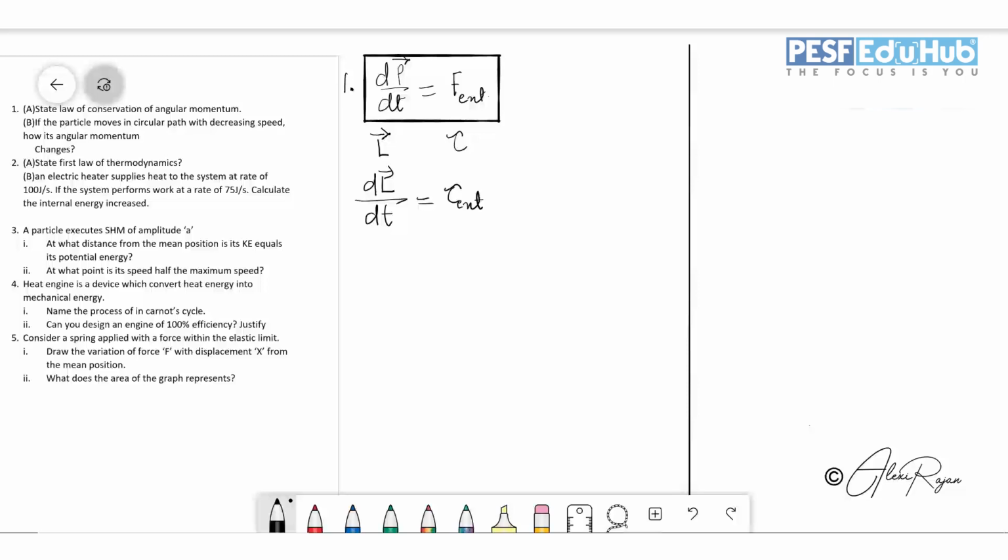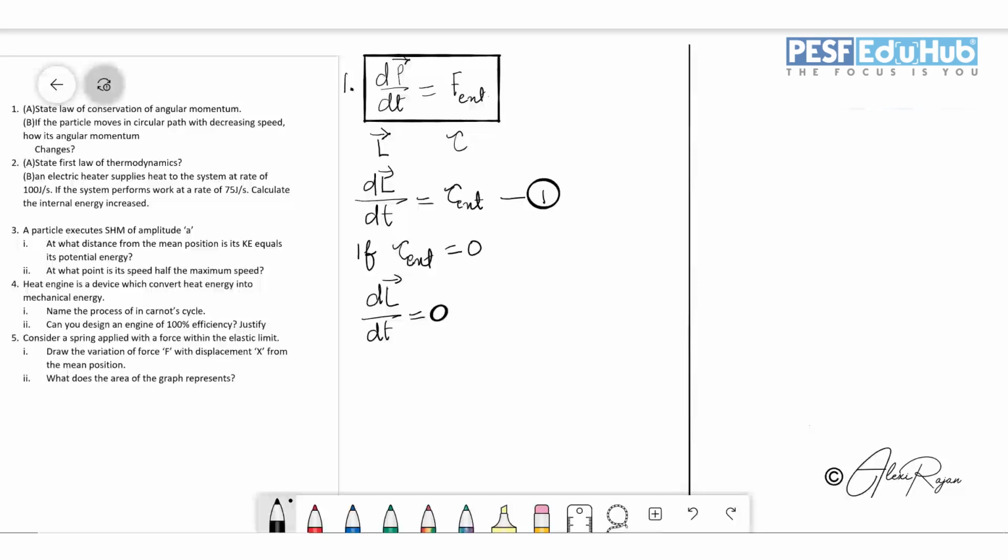Here, if tau external is equal to 0, that means if we consider that there is no torque acting on the system, then the above equation, equation 1, will become dL by dt is equal to 0.